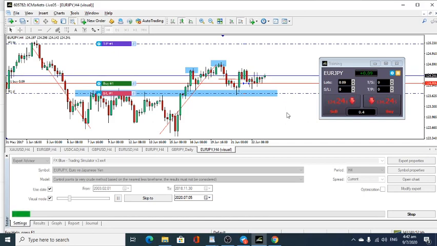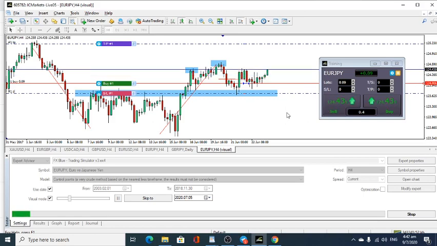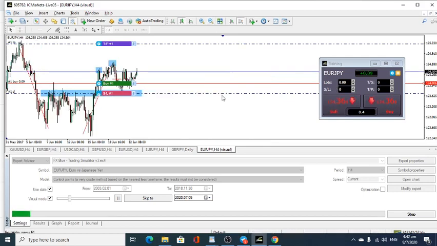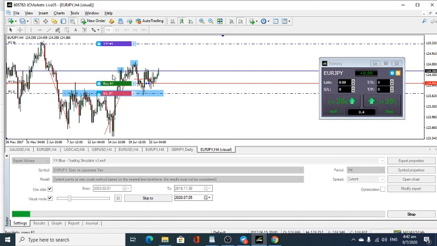Just try to have a simulator. Really, you will understand how price moves, and it just makes you a bit better before trading the real time frame.